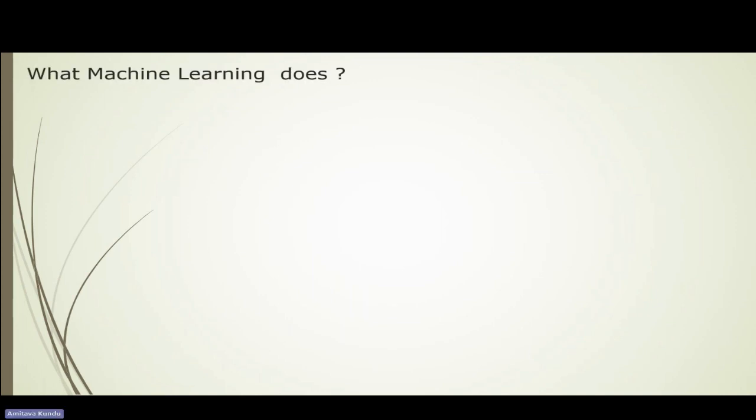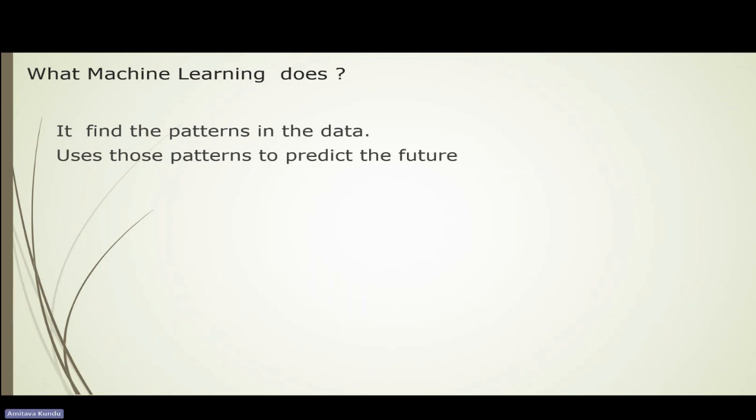What does machine learning do? It finds patterns in the data and uses those patterns to predict the future. So let's explore some examples.